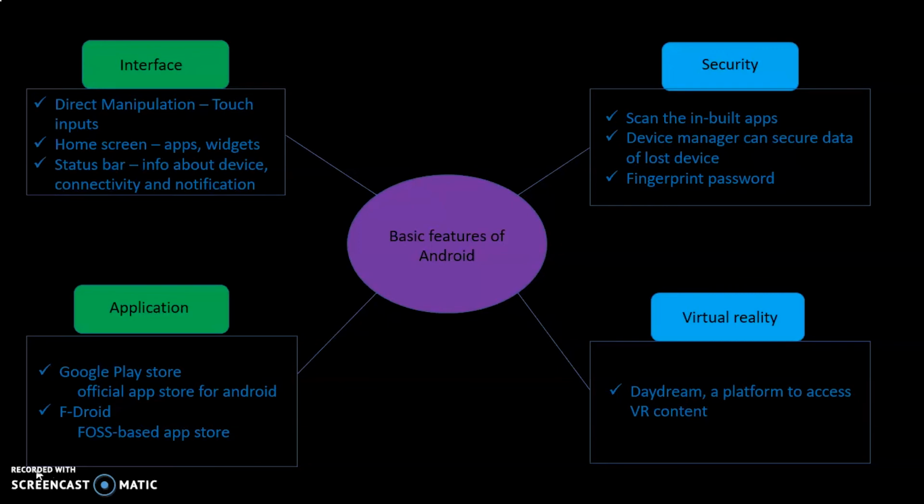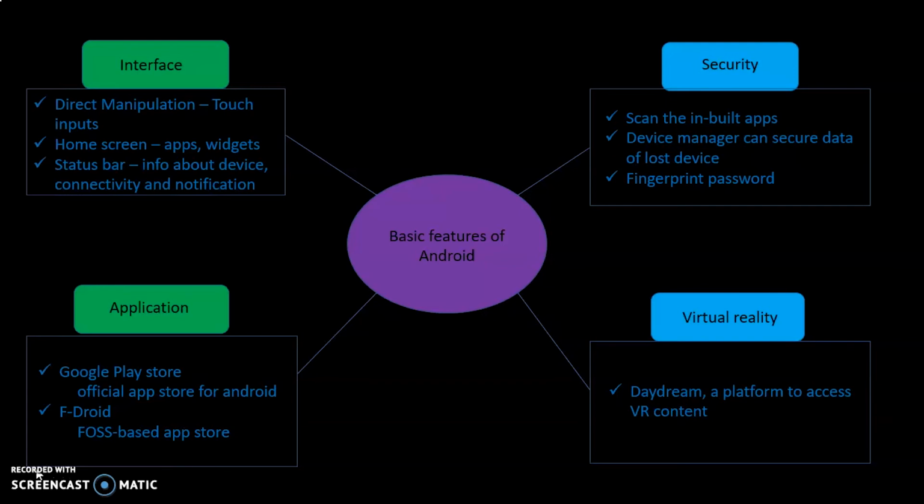And if you move on to security, we can scan the inbuilt apps. If there is any virus, we can scan it, and we can secure our data if the device is lost, and we can lock our phone using a fingerprint password. Third, we are moving on to the application.